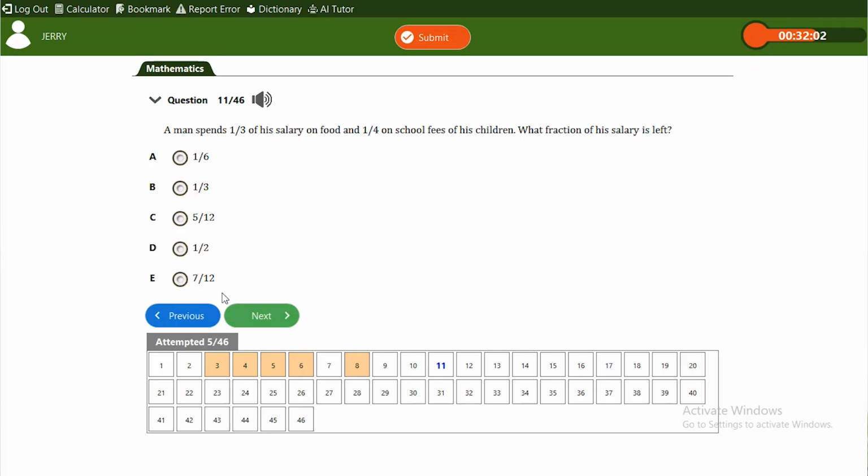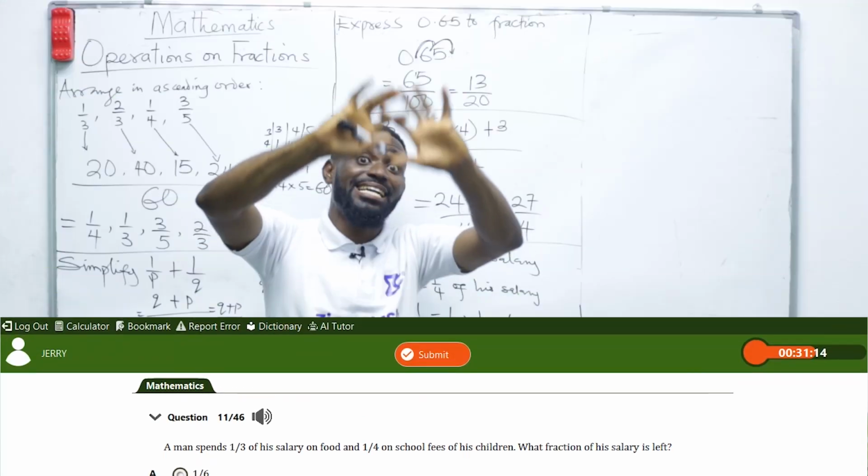So we subtract what he has spent so far from the one whole salary, to remove the 7/12 from that salary to get what is left. Remember, the whole salary is 1.